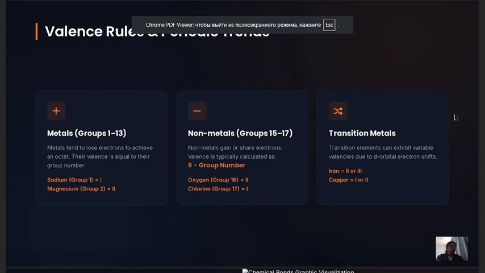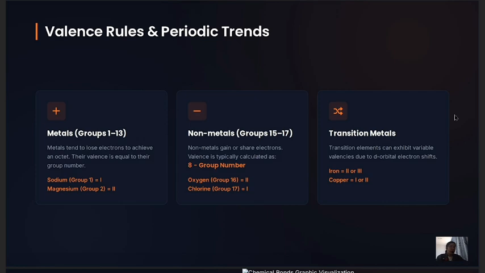Next, about nonmetals. They want to gain or share electrons, so we calculate their valency by subtracting the group number from 8. For example, oxygen is in group 16, so the valence is 2. Why?